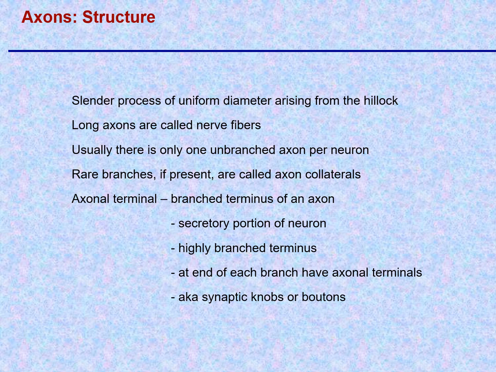Usually for each neuron you have one unbranched axon, which ends in axon terminals. That's branched at the end of the axon, and that's the secretory portion of the neuron. At the end, you have the axon terminals. They also go by other names, which I'll get into later. But that's where a neurotransmitter will get released if an impulse goes down the axon.